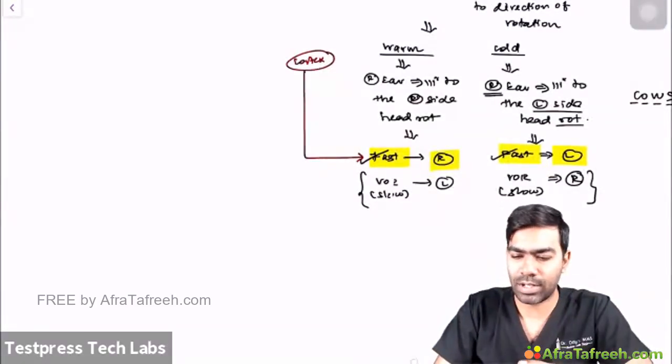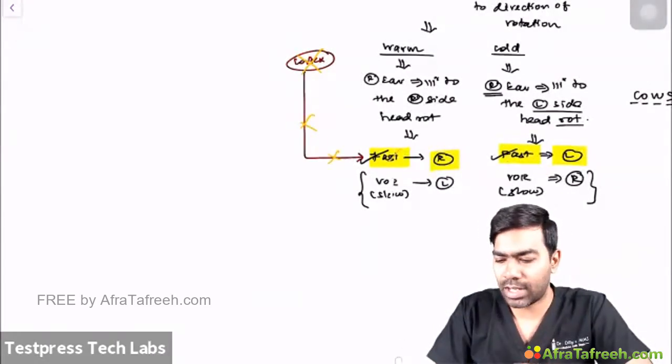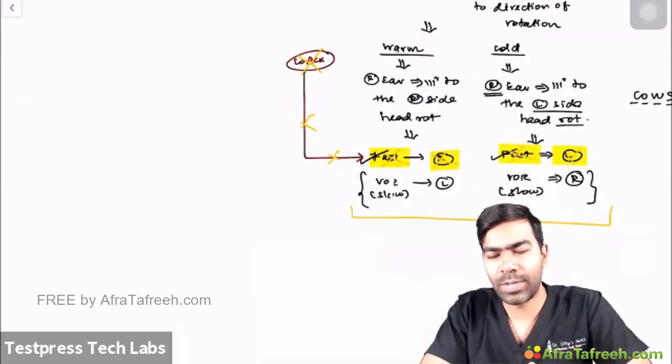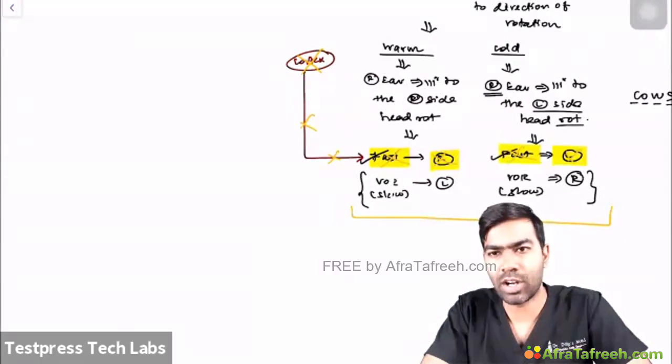In a comatose patient, if the cortex is not intact, you will not get the fast component, and you will have only the slow component. That is, the vestibulocular reflex alone will be there if the patient has no cortical involvement.